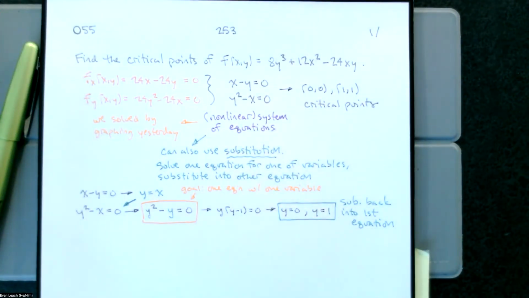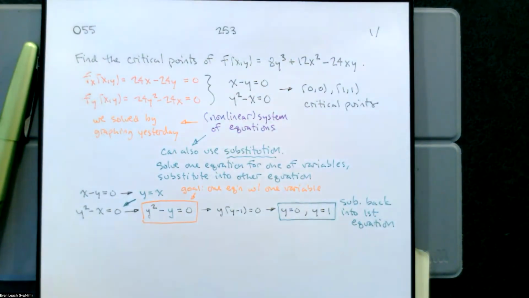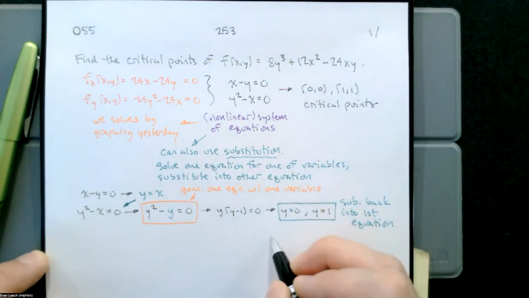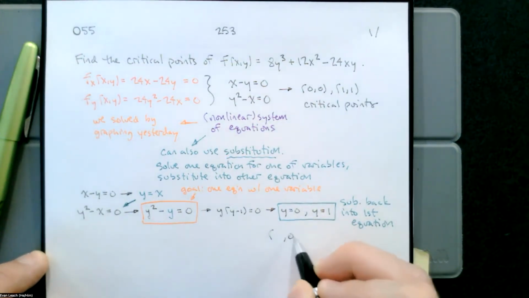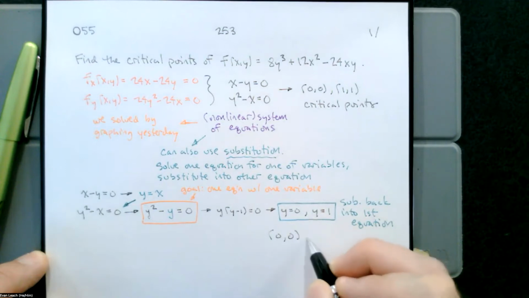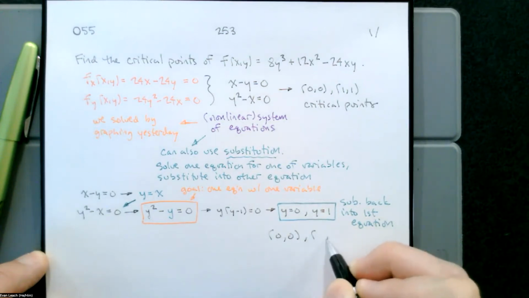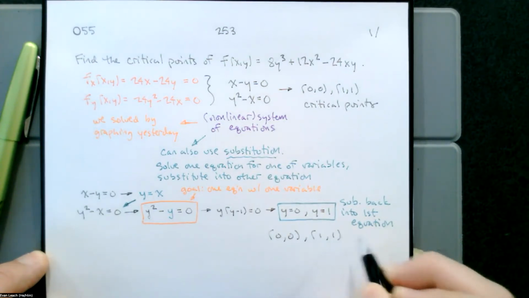That equation says y equals x. So if y is 0, x is 0. If y is 1, x is 1.